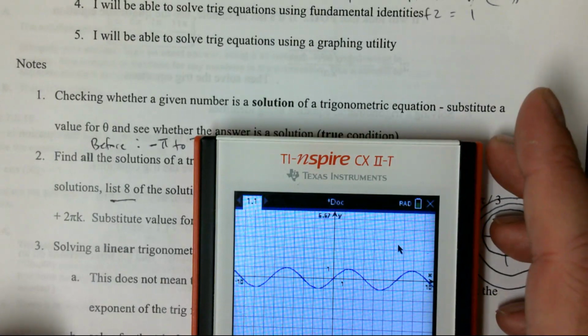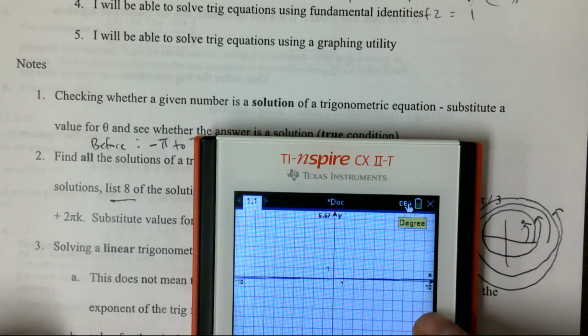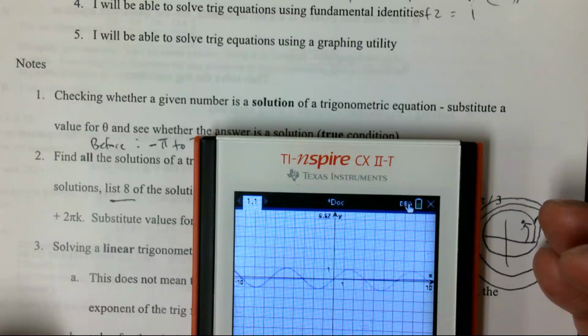But if you were in degree mode, it does look linear, and that's not what we're talking about. This is wrong. It's not supposed to be in degree mode when you're graphing. It needs to be wavy.